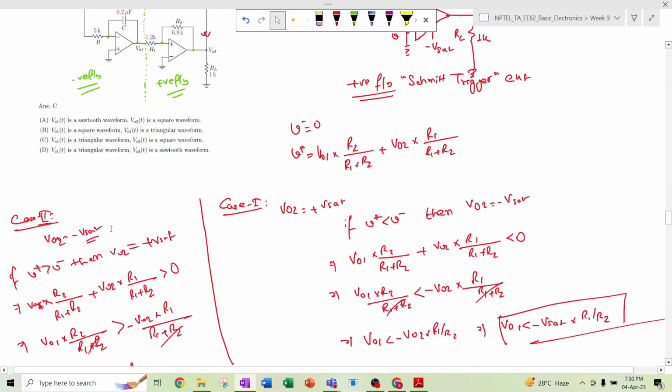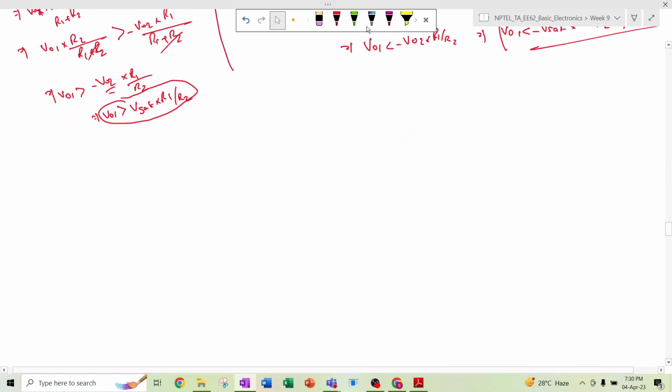The first part of the circuit is minus, plus.